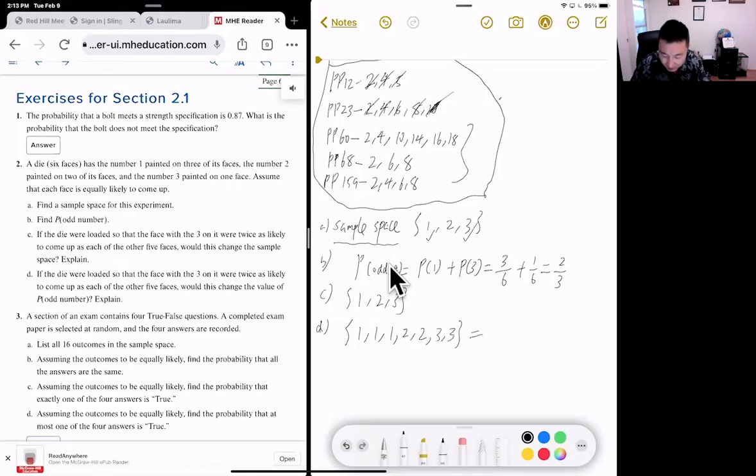So these are all equally likely outcomes. Total is 7, because for number 3, it is twice as likely. And then P, we have 1 plus probability we have 3.